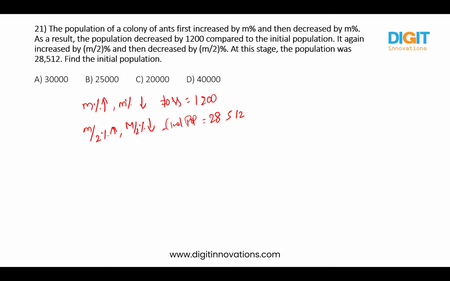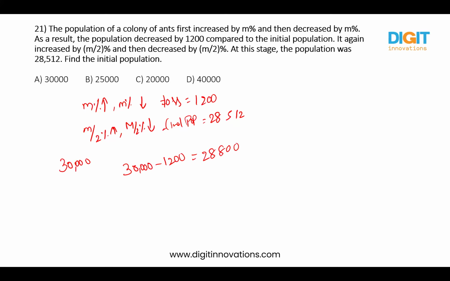So just to test the options, as I told you, I'll go with the option verification. I'll start with option A, 30,000. Starting with 30,000, I got a loss of 1200, which became 28,800.